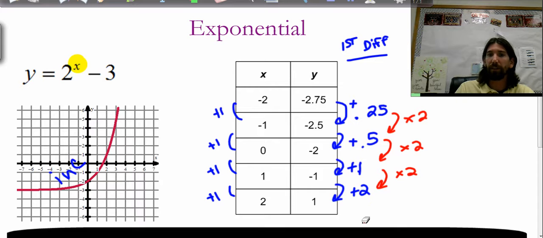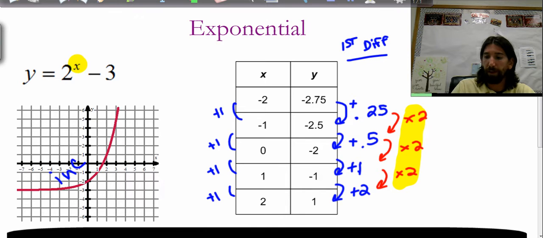That's the pattern. If you see the differences being multiplied or divided, that's what makes it exponential. You're looking for the differences that are not constant, but they have a pattern of multiplying or dividing.